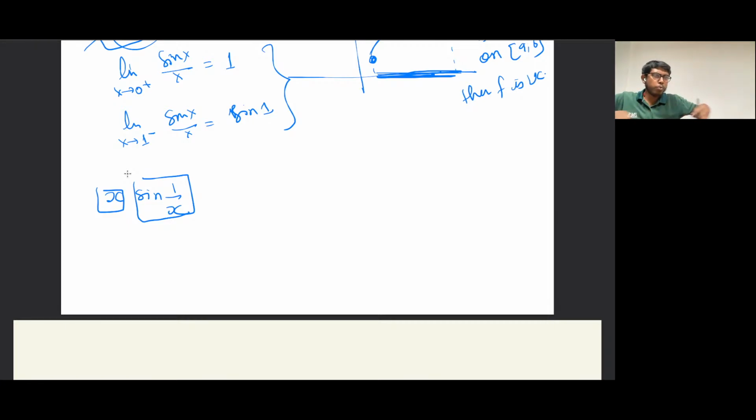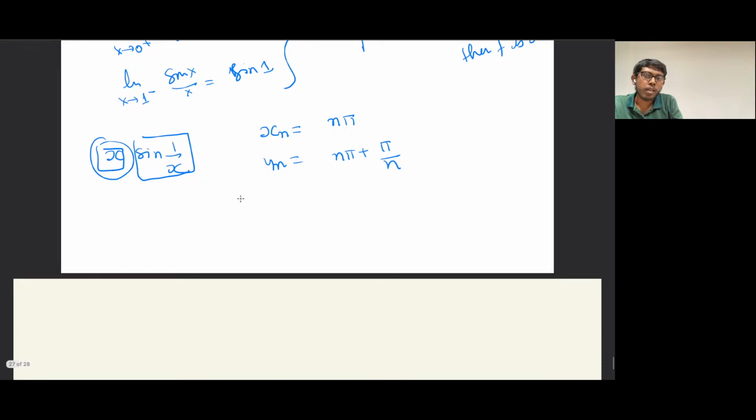So if you go larger and larger, the function value will go very high. Let's take xn as n pi and yn as n pi plus pi by n. Anything will work. Then clearly xn minus yn goes to 0.